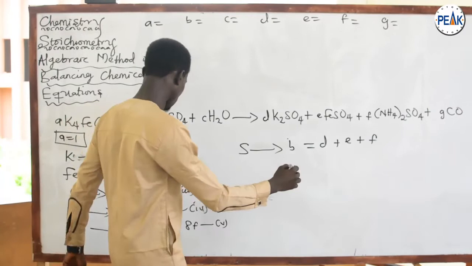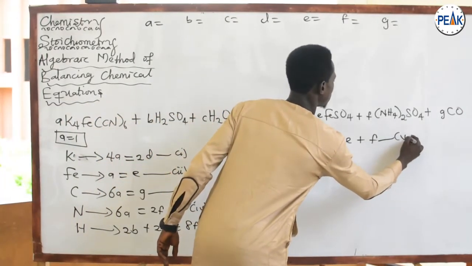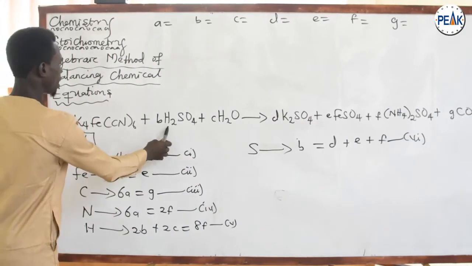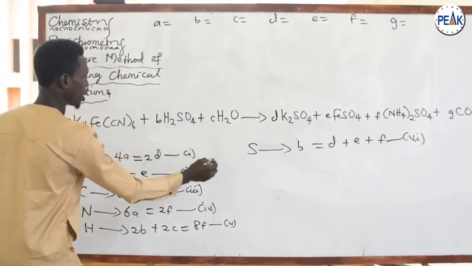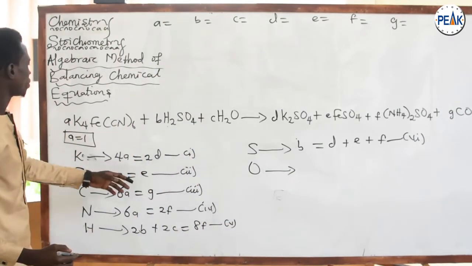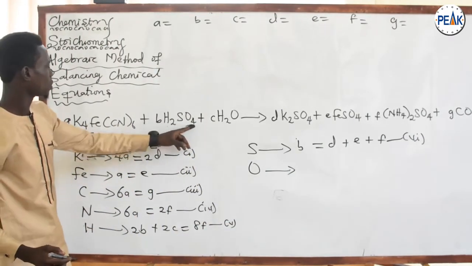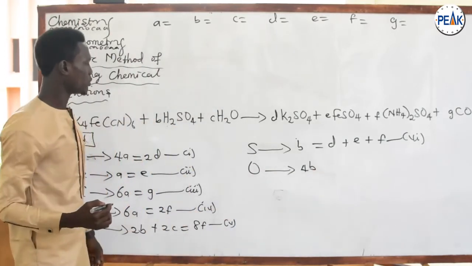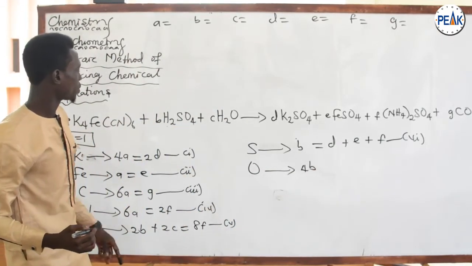Let's call this equation 6. What else do I need? I'm done with hydrogen, I'm done with sulfur. Okay, oxygen. How many oxygen do I have on the reactant side here? I have 4B moles of oxygen. Where else do I have oxygen?